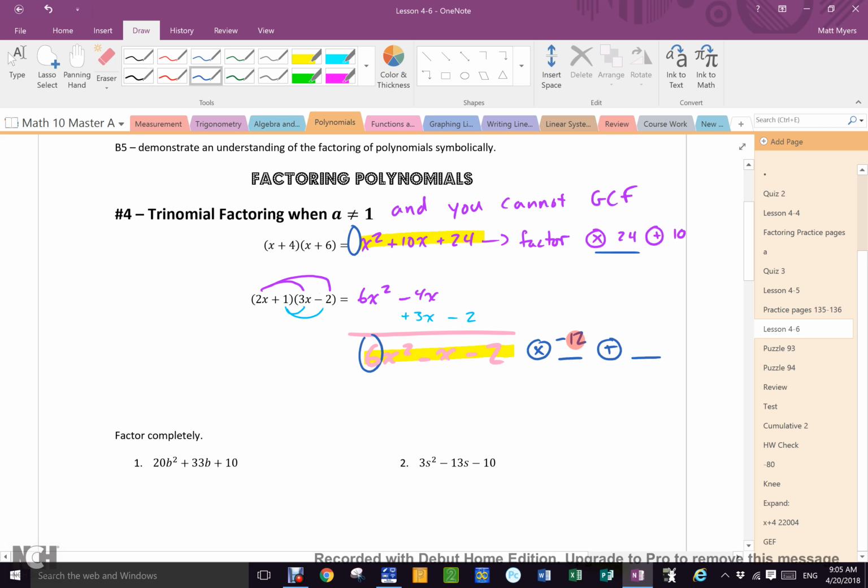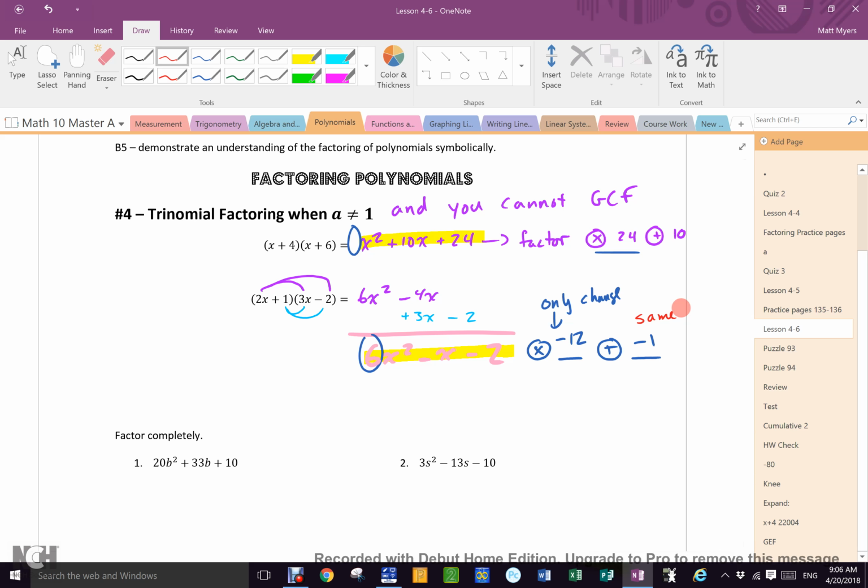So I'm going to need to multiply to 12. Now here's where it gets weird. You only change that. Here we are still adding to negative 1. This is the same. Does everybody see that?